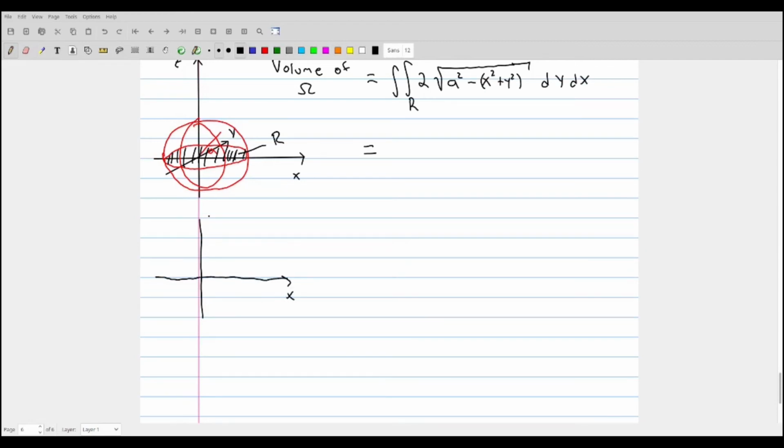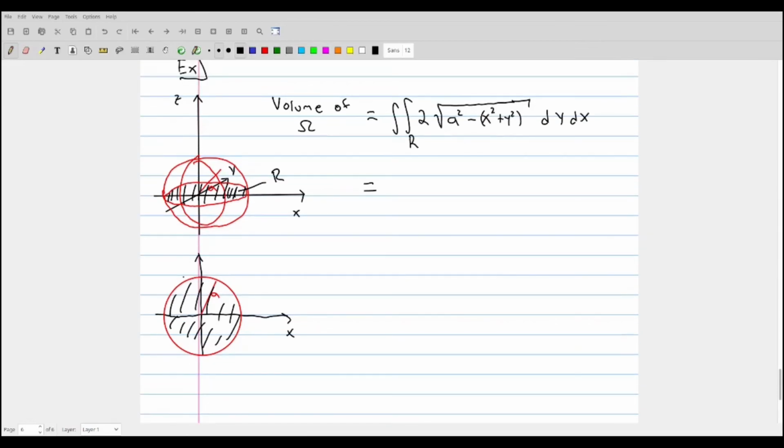So in the xy plane, remember, this region R is the circle of radius a. You always want to consider the traces when figuring out the bounds. But for this region, our bounds in polar coordinates are going to be relatively straightforward.